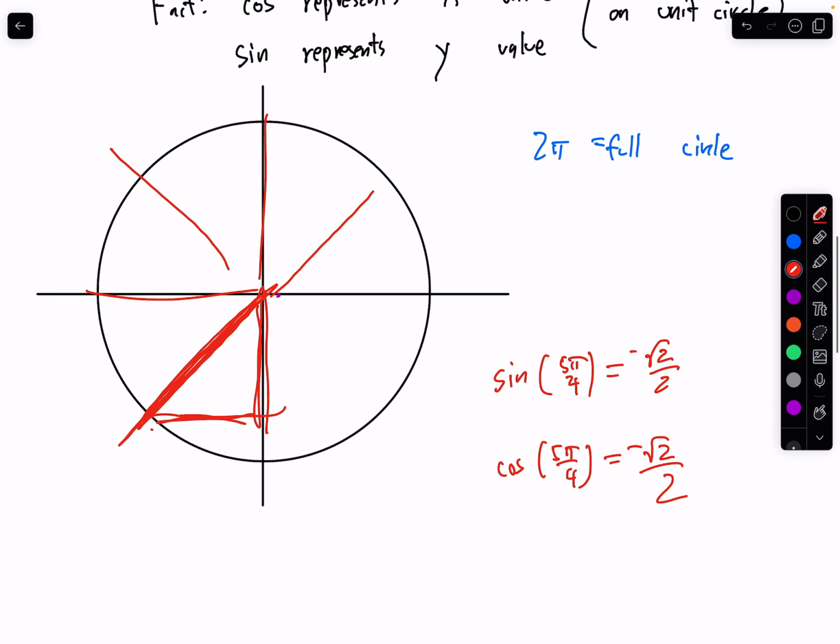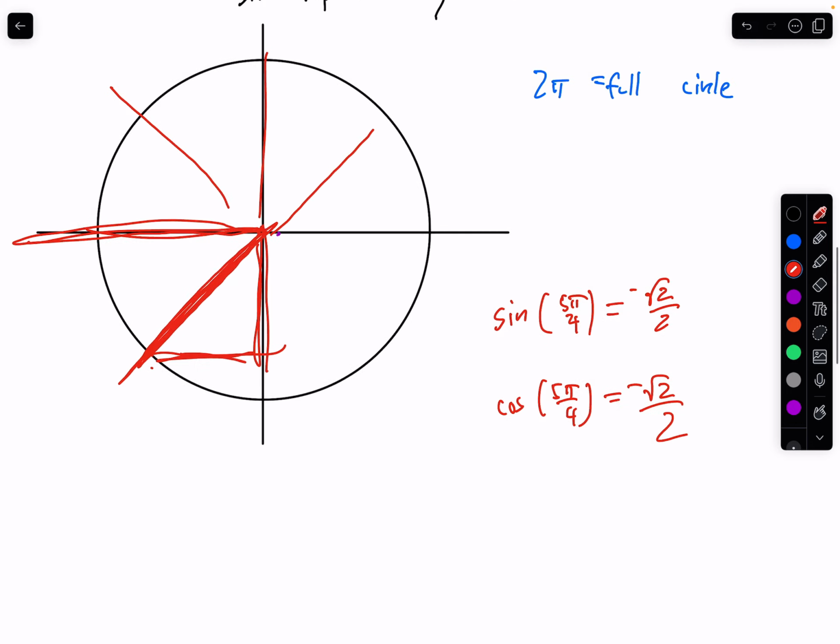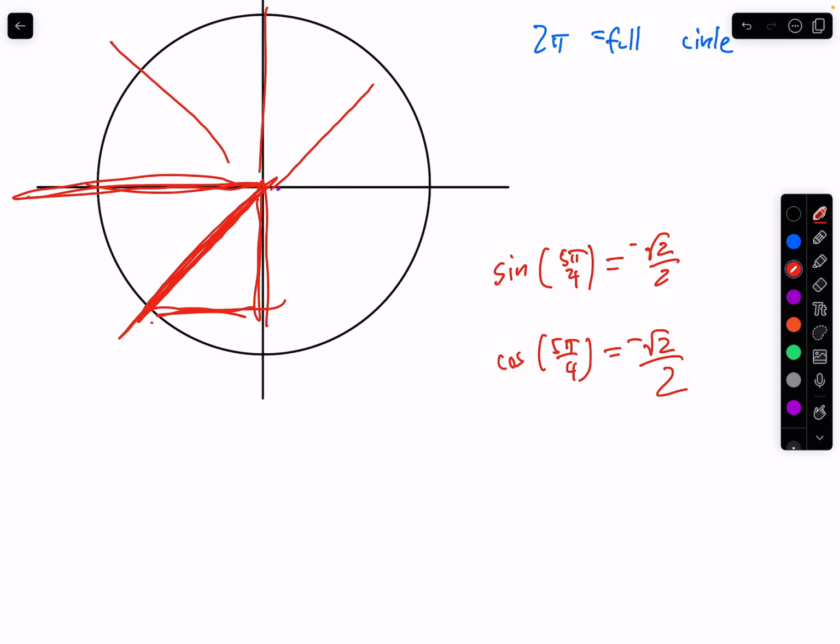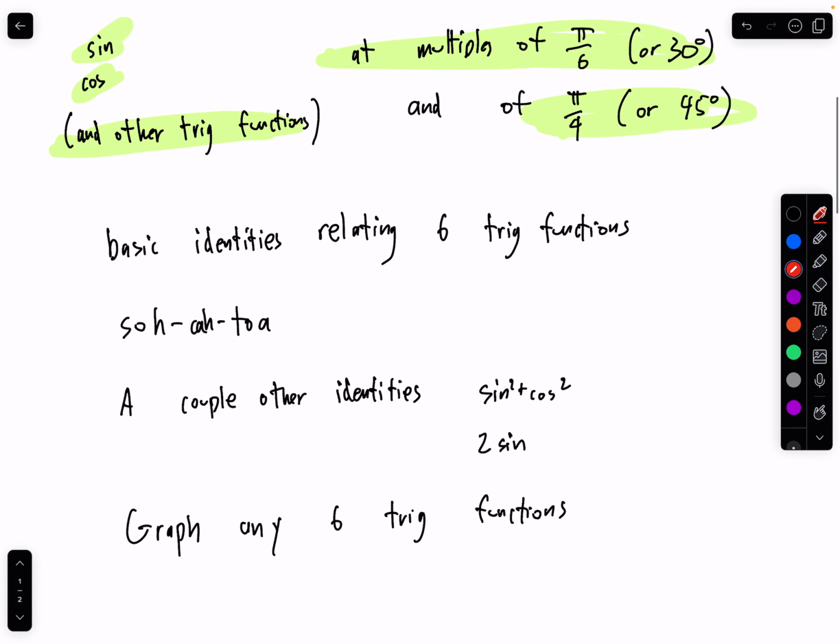Okay, so now I can calculate sine and cosine for any multiple of pi over 6, any multiple of pi over 4. That includes pi over 2s and multiples of pi as well, because pi would just be here. That's like 6 pi over 6, for instance, right? And in addition to that, one more quick thing.